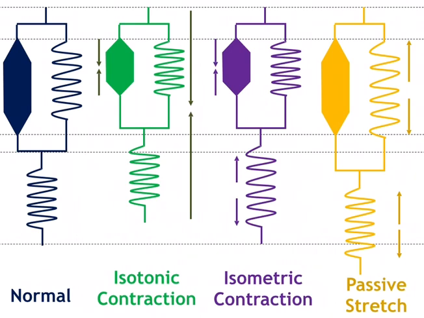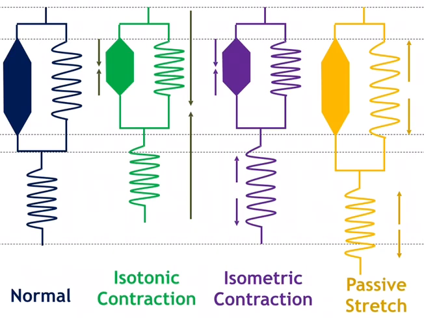Meanwhile, in the violet example, which is the isometric example, both ends are fixed. Then the contractile element contracts, but because the ends are fixed, the series elastic element expands. That is how a muscle can contract isometrically.